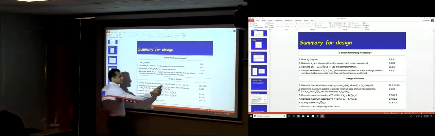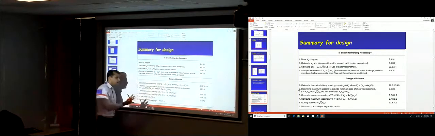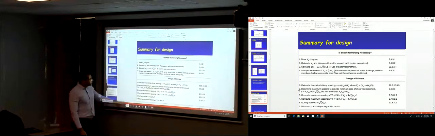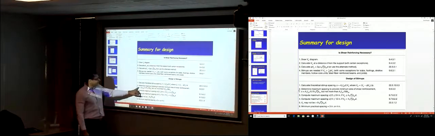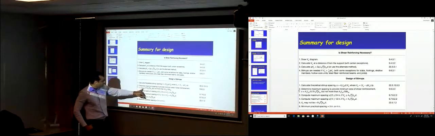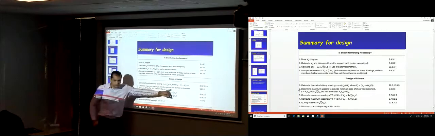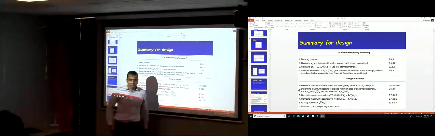And then this spacing, you have to make sure that it's compliant with the requirements of the ACI code. So what are the requirements for this spacing? S maximum cannot be larger than this amount or this amount. This is equation 9.6.3.3.